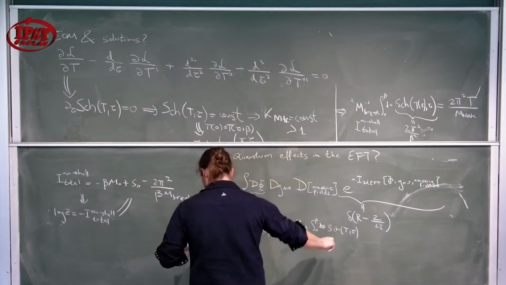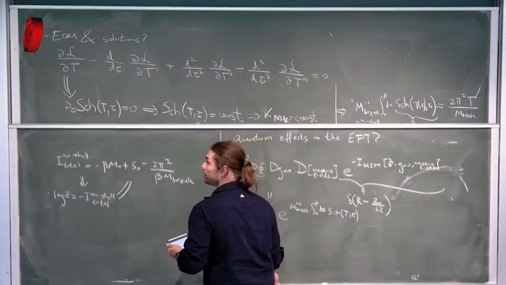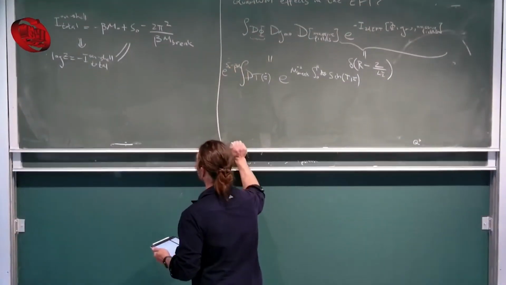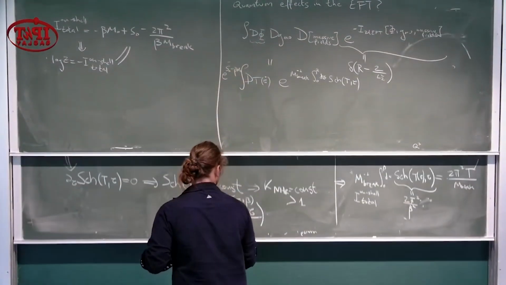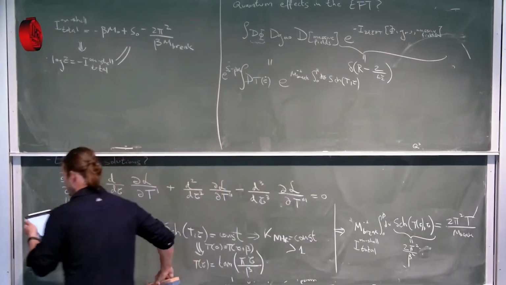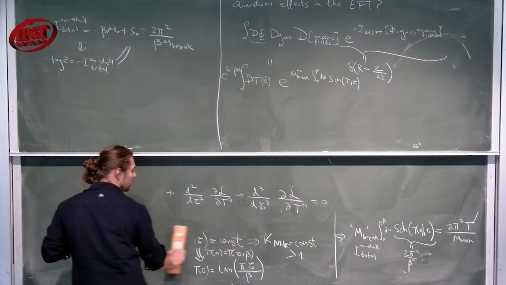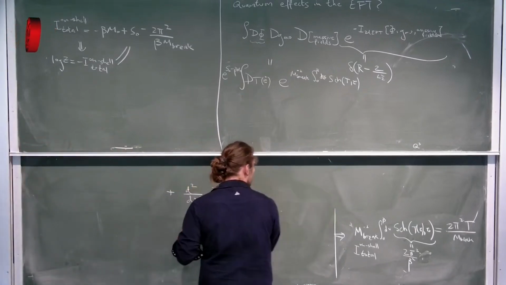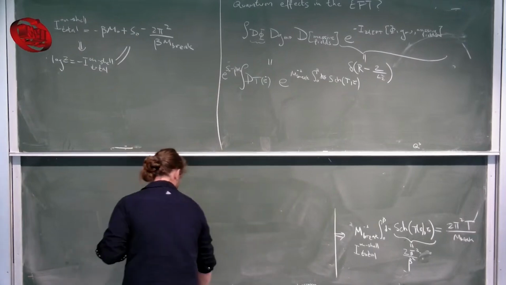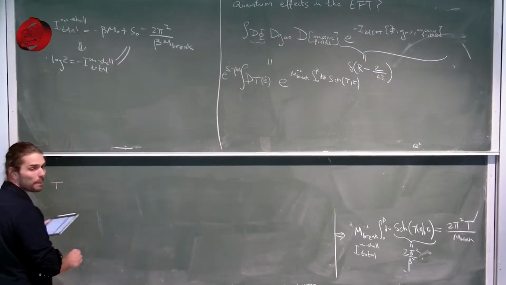So this is the path integral that I would like to solve. To compute it, let's first look at what this integral is in a quadratic expansion around the saddle point that we previously found.